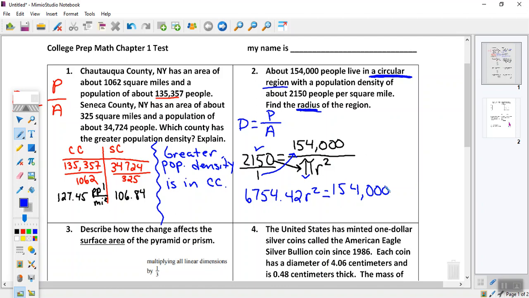Not subtract. It's a times r squared. Divide, you bet. So divide 6,754.42 on both sides. Good. I need to make some room, so give me a second.